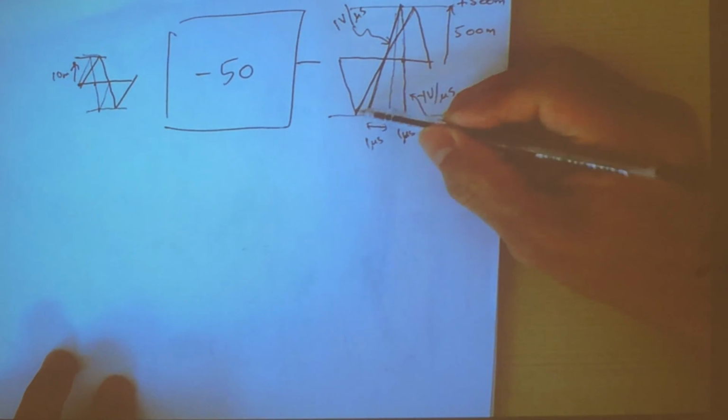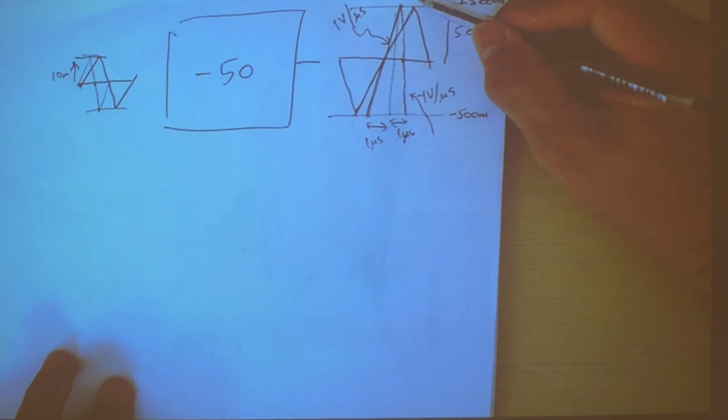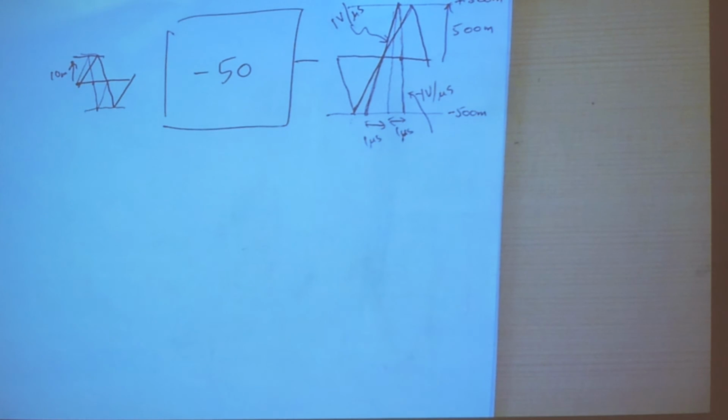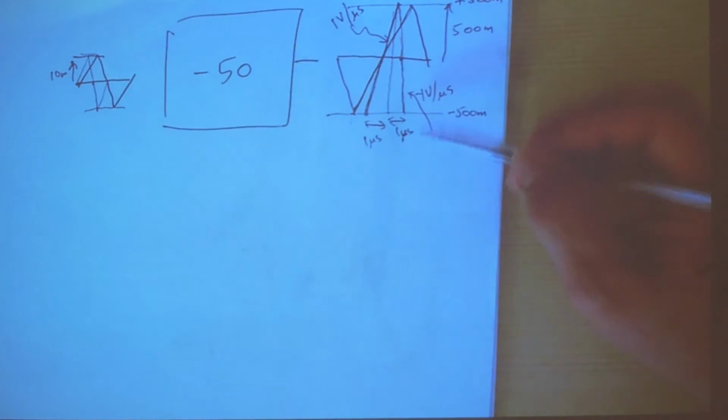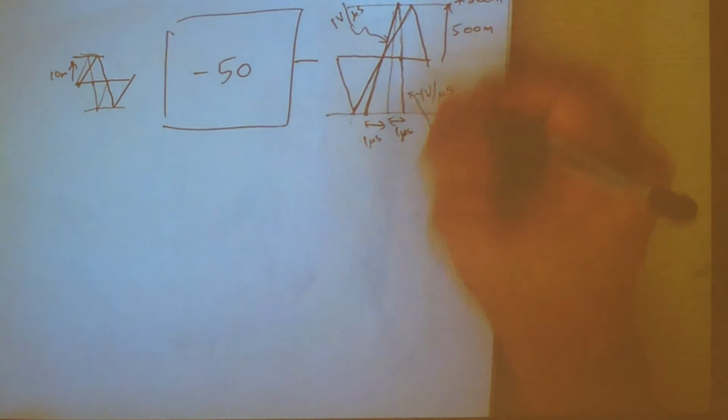Because this is minus 500 millivolt, and this is plus 500 millivolt, that means from top to bottom is 1 volt. And it incurs 1 volt in 1 microsecond. So if it comes up and goes down, it will incur 2 microseconds. And therefore the period of this waveform is equal to 2 microseconds.